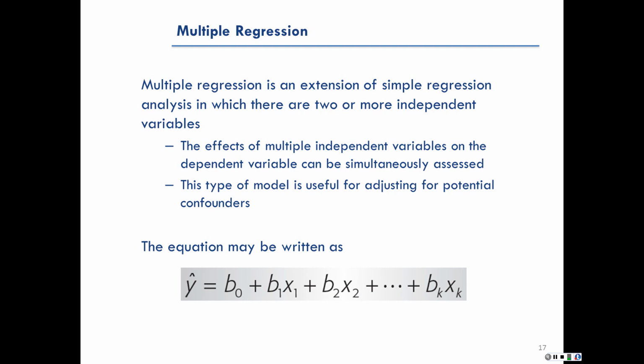So if you look at the equation below there, typically the notation y is the dependent variable. And each independent variable is referred to by an x with a subscript, so x1, x2, all the way through xk, or whatever our last independent variable is. And then each slope coefficient or regression coefficient would be referred to by beta 1, beta 2, etc.